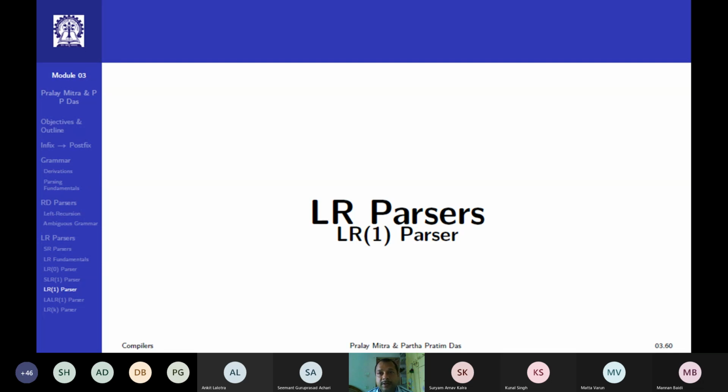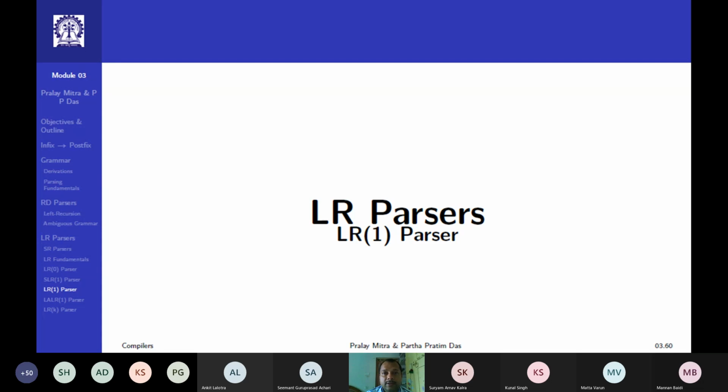As you remember, there are 5 operations in total according to the parsing table: shift, reduce, accept, go to, and some error state.